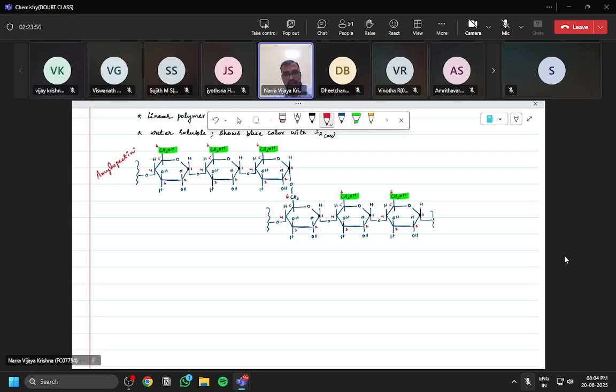Amylopectin, right? So here you will have C1, C4 linkages and also C1, C6 linkages. You will have C1, C4 alpha glycosidic linkages.